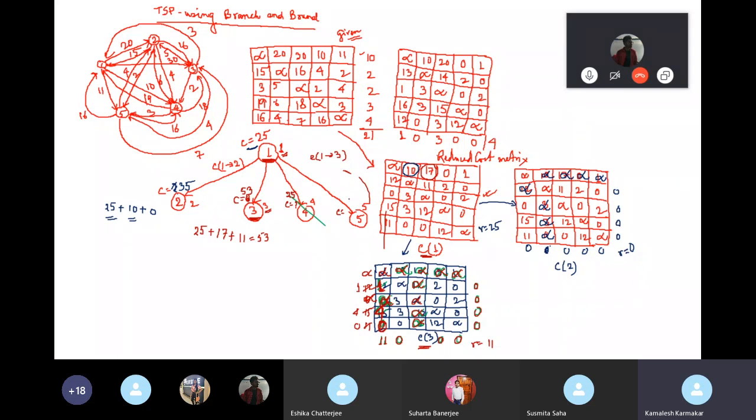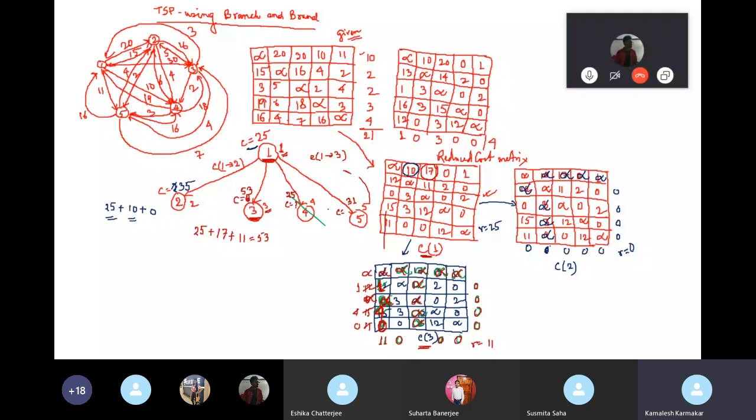And in the last node, this value is 31. Okay. As we discussed in the last day's class, in the least cost branch and bound technique, or LC branch and bound technique, we take the minimum value for the further expansion.